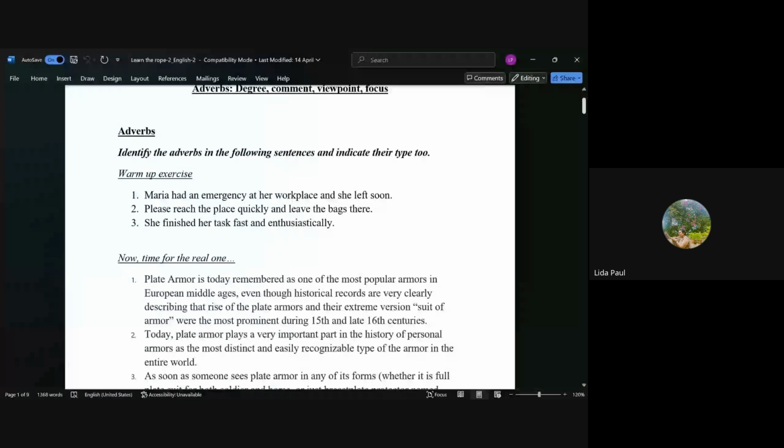Right. So the first two exercises are basically going to be a quick review of what you have learned about adverbs until now, right? So I think a good part of it was done even in English 1. How is the topic you have for English 2 different from what you did for English 1?